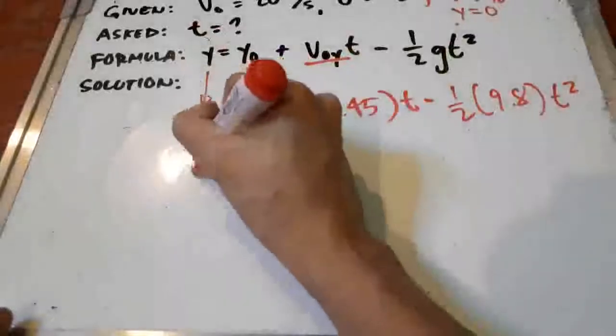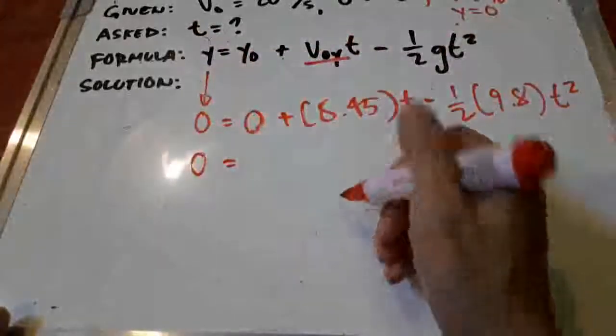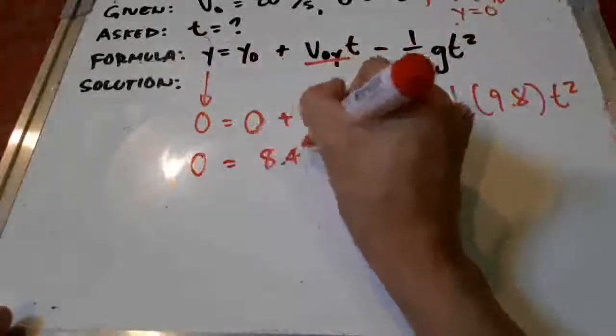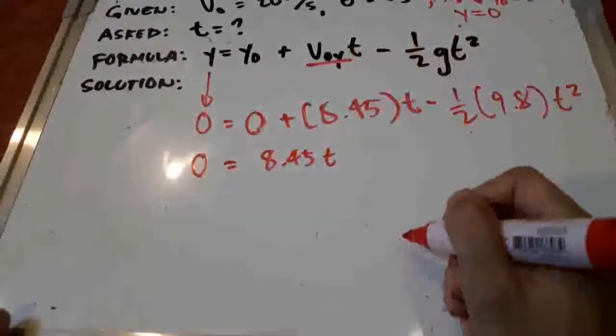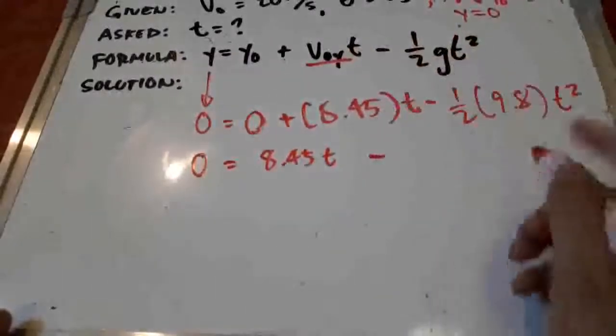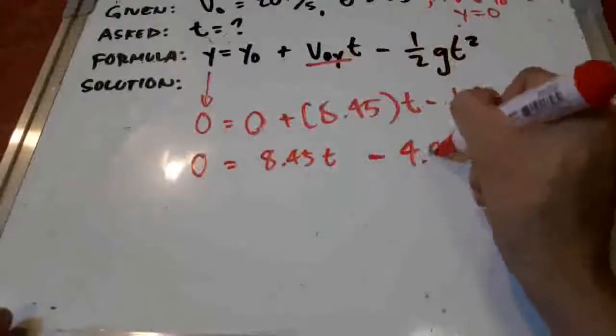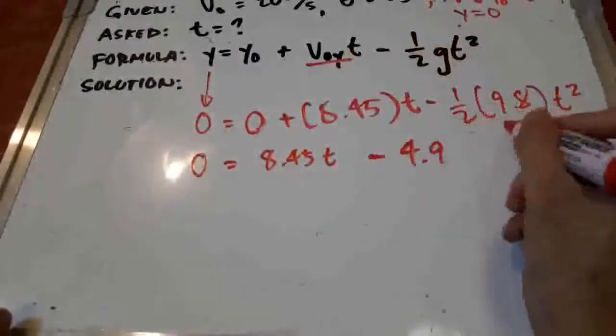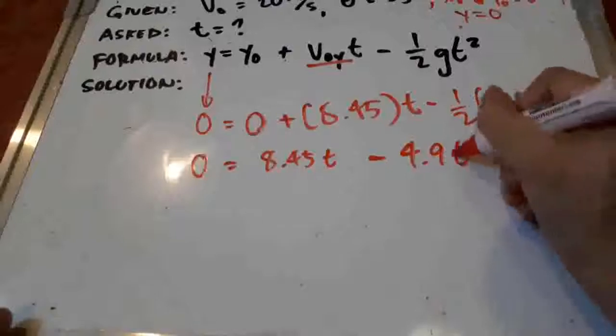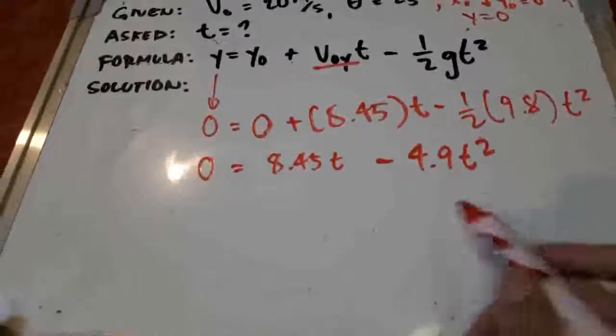If we simplify this, we get 0 is equal to 8.45t minus 1/2 of 9.8, which is just 4.9, multiplied by t squared.